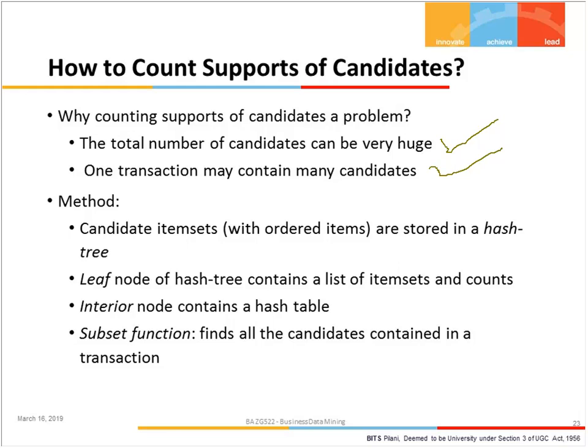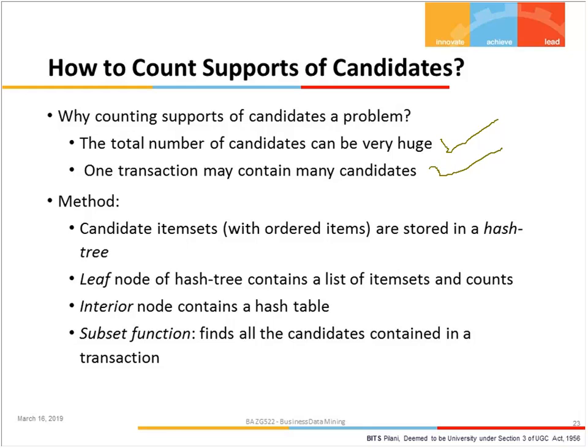To describe the hash tree, we will look at diagrams in a short while. But the hash tree is going to be a set of ordered items. First, each item has to be ordered. The ordering can be done in several ways: alphabetic order or numeric order, because an item can be represented by a number, item 1, item 2, item 3.